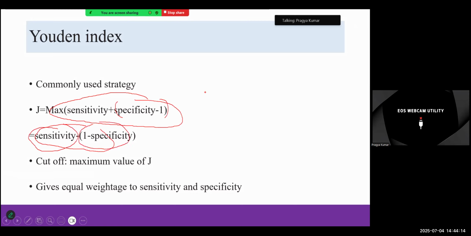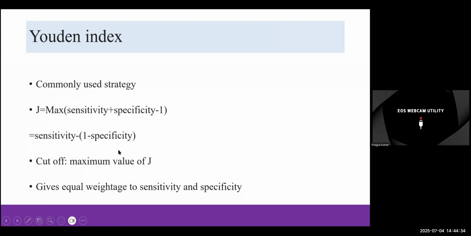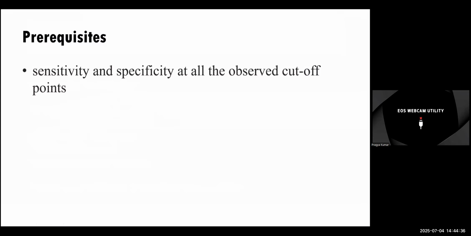That means there is an x-axis and a y-axis. If you remember the ROC, on the y-axis you have sensitivity, which is this one. On the x-axis you have 1 minus specificity. So basically Youden's index is this minus this. The maximum value of J is your Youden's index, and it gives equal weightage to sensitivity and specificity.